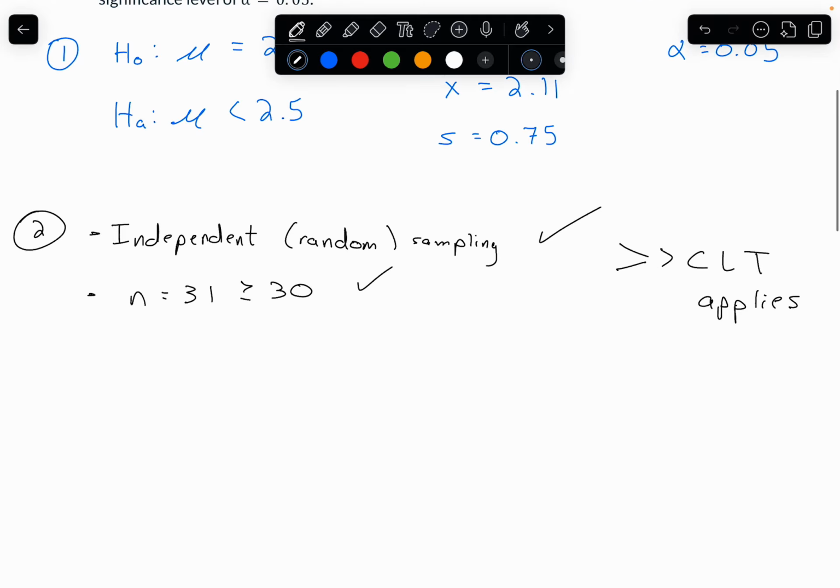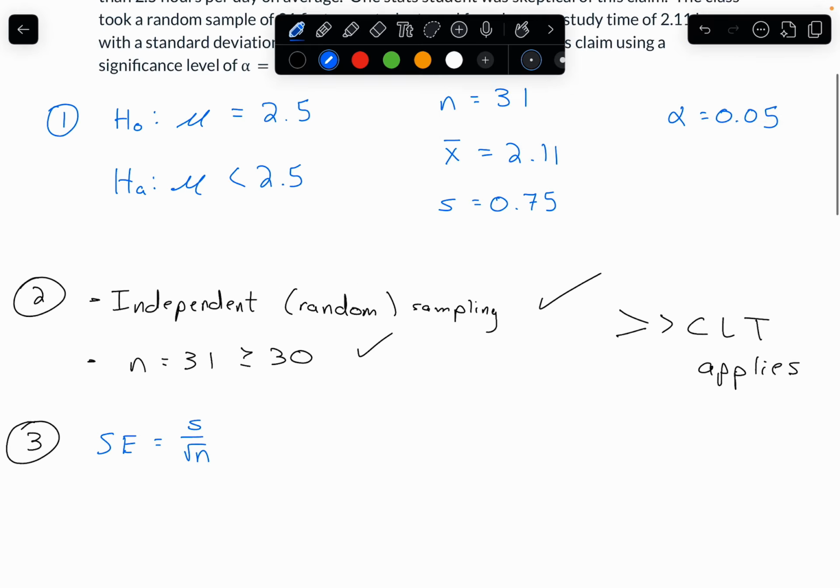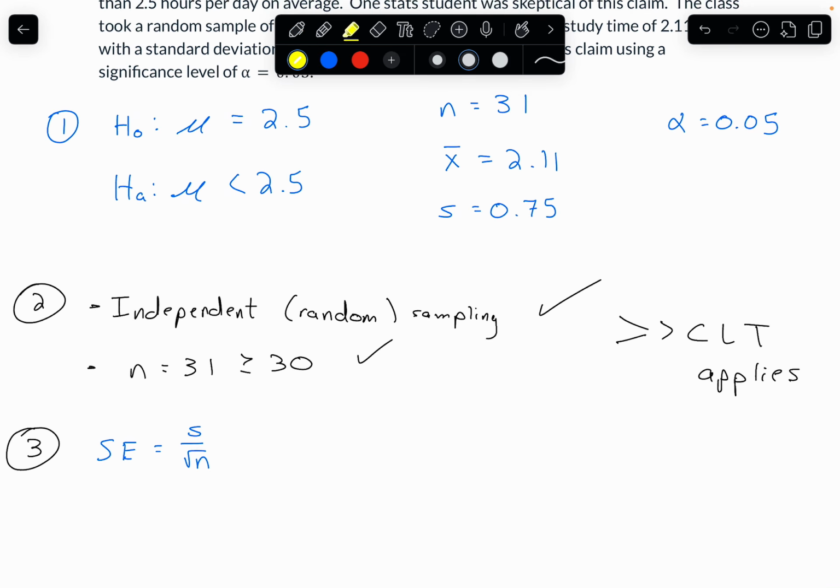Next up, we need to start doing some calculations. We need to look at what is our standard error, our test statistic, and our p-value. So first up, our standard error, we know the formula for that was s divided by square root of n, and lucky for me, I calculated and laid out all those sample statistics right here.